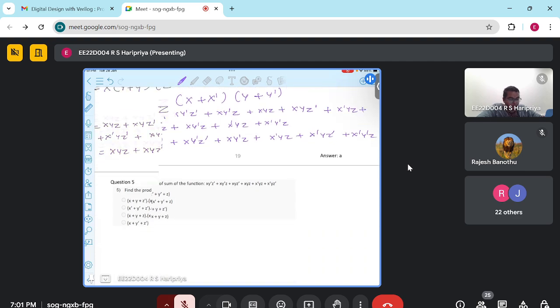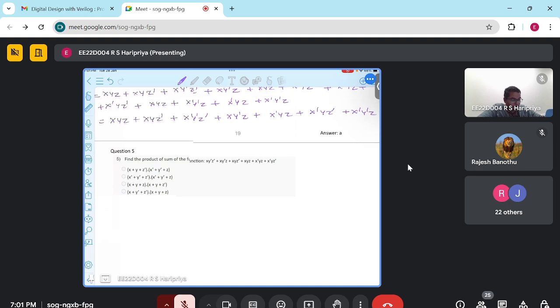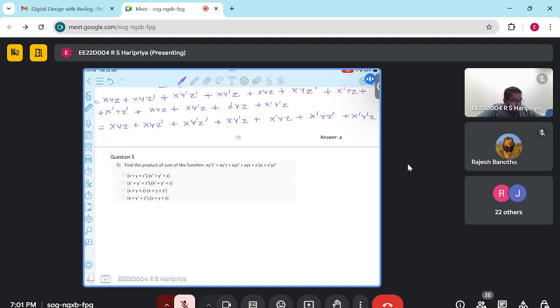Okay, so the next question. Find the product of sum (POS) form of the function. First we have to see what the terms included are. This is 1 0 0, 1 0 1, 1 1 0, 1 1 1, 0 1 1, 0 1 0.